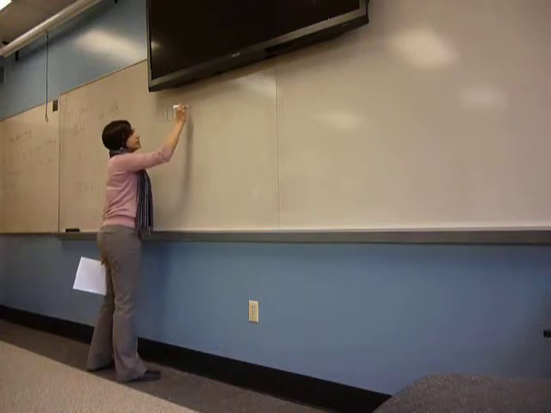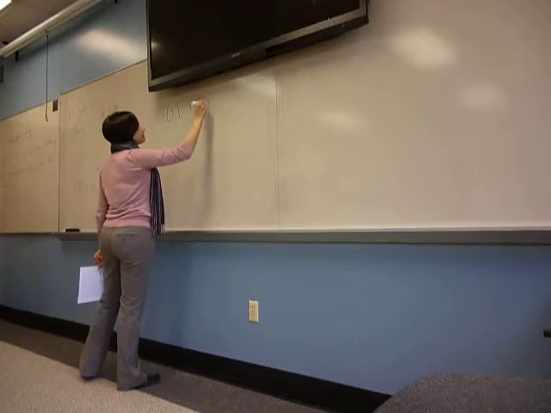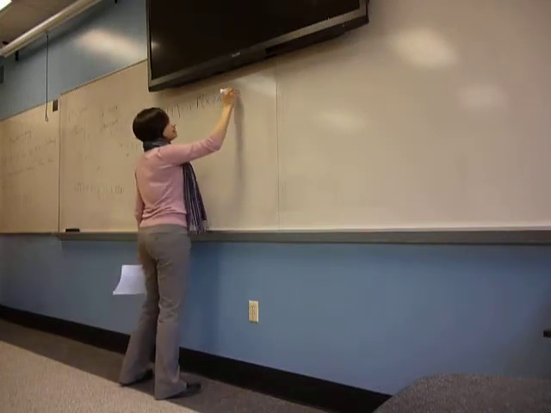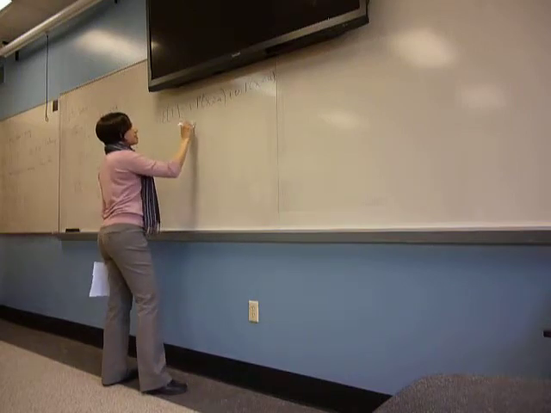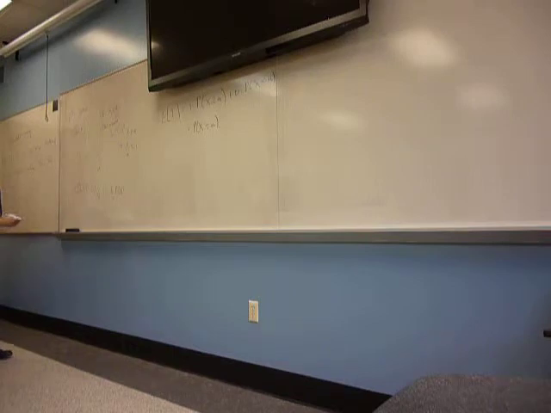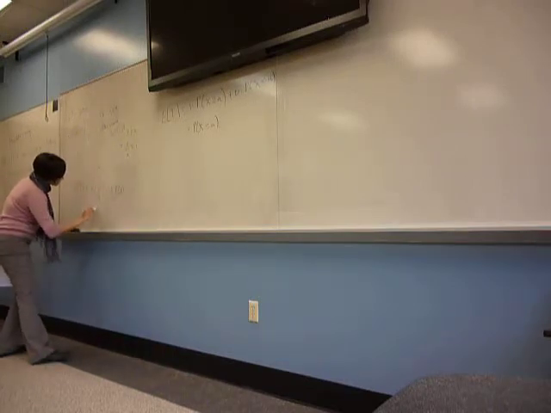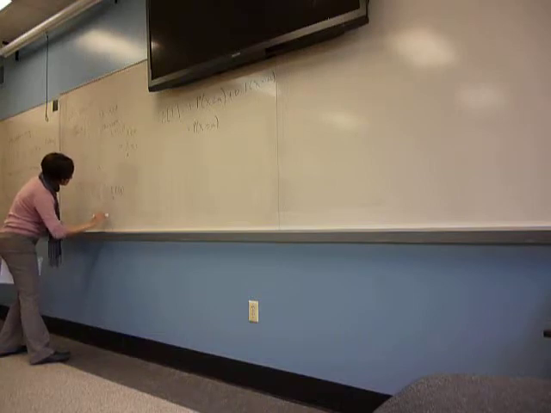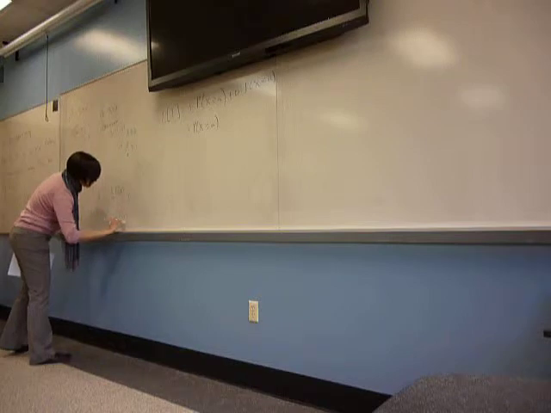I takes the value of 1 with the probability that this happens, and 0 with probability X less than a. So this is just the probability X is greater than or equal to a. Putting both together, we get that the probability X is greater than or equal to a is bounded by the expected value of X over a.